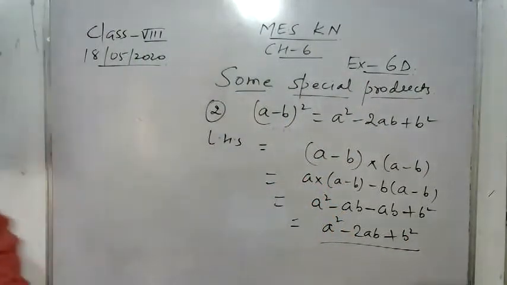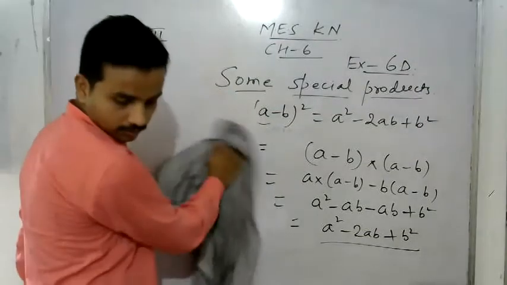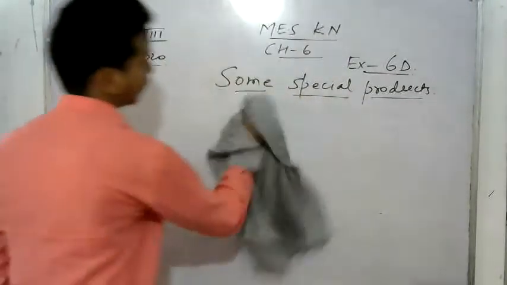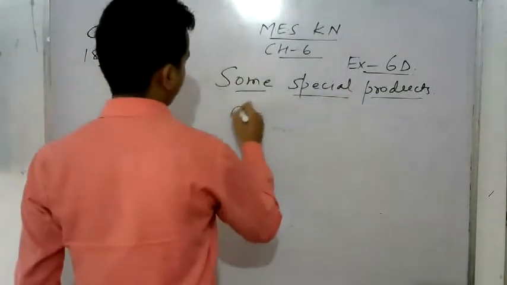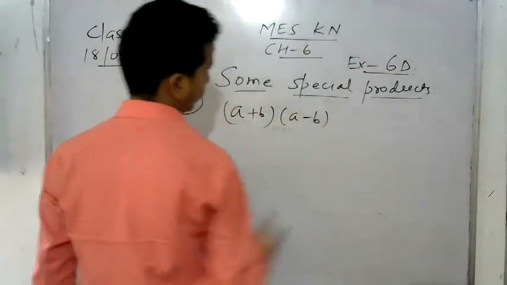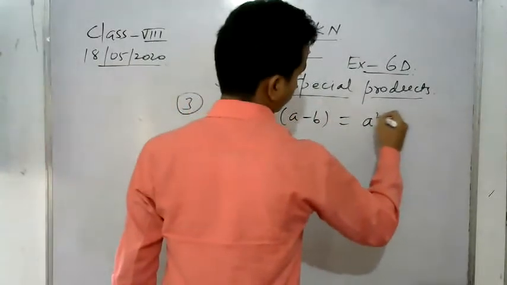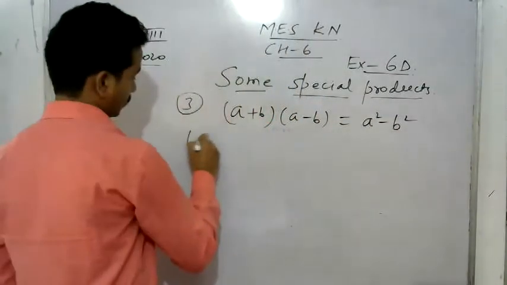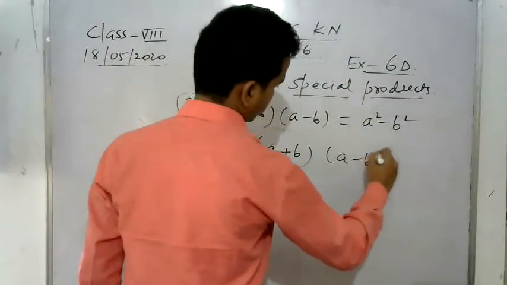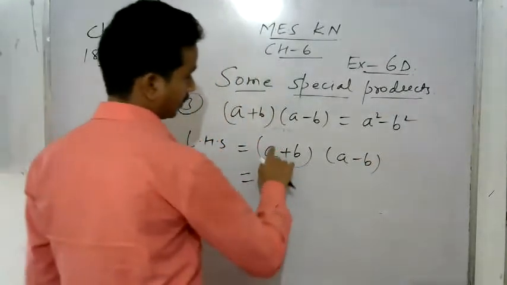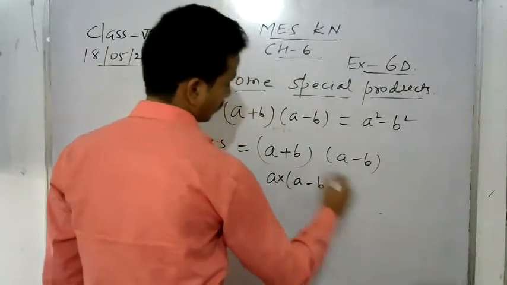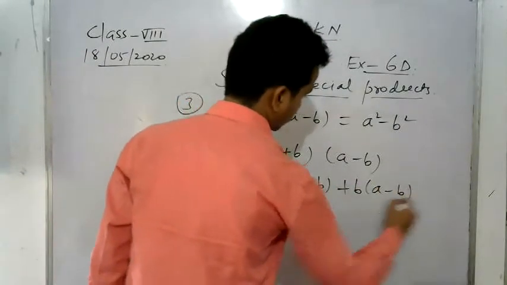And the third product is (a plus b) into (a minus b), which is equal to a square minus b square. Now to derive it, take LHS (a plus b) into (a minus b). Multiply it horizontally: a into (a minus b) plus b into (a minus b).